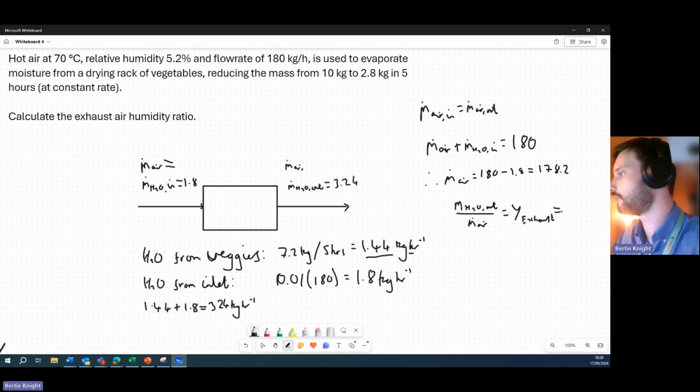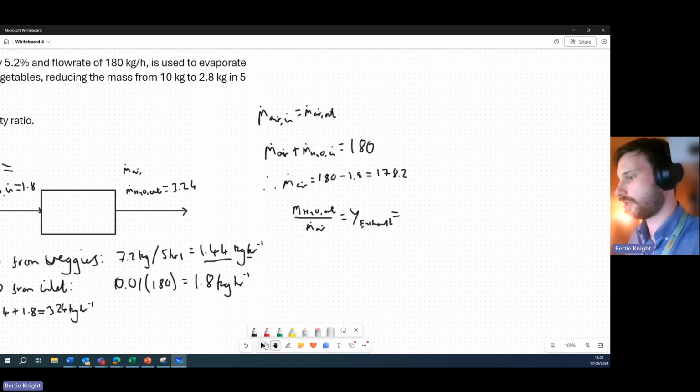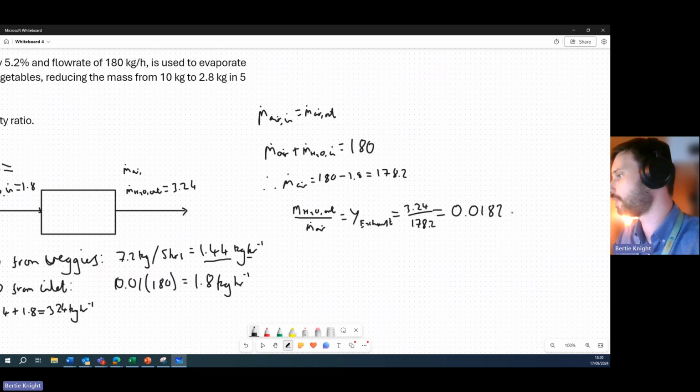In this instance, H2O out we found is 3.24 over 178.2, which I can tell you is equal to 0.0182, which we can describe as 1.82%.